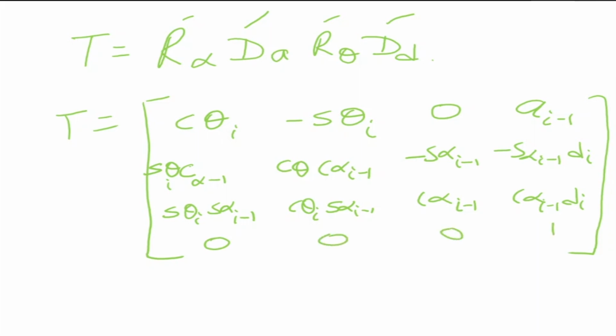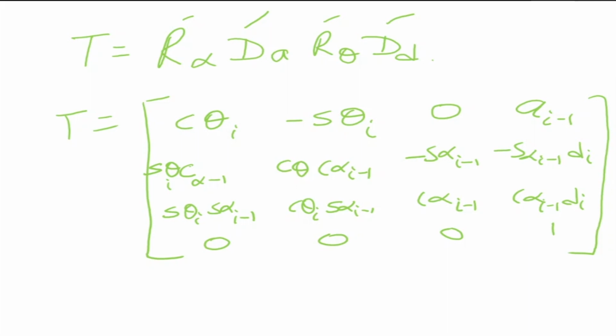Now, how this is useful is that we can directly find the transformation matrix from one frame to another frame which has undergone rotations and translations. I'll explain how. In robot kinematic analysis, we are rarely going to do this by hand, because if you have 6 links, you can see how many transformation matrices are going to come. It will become very cumbersome, and there's a high chance of a mistake.